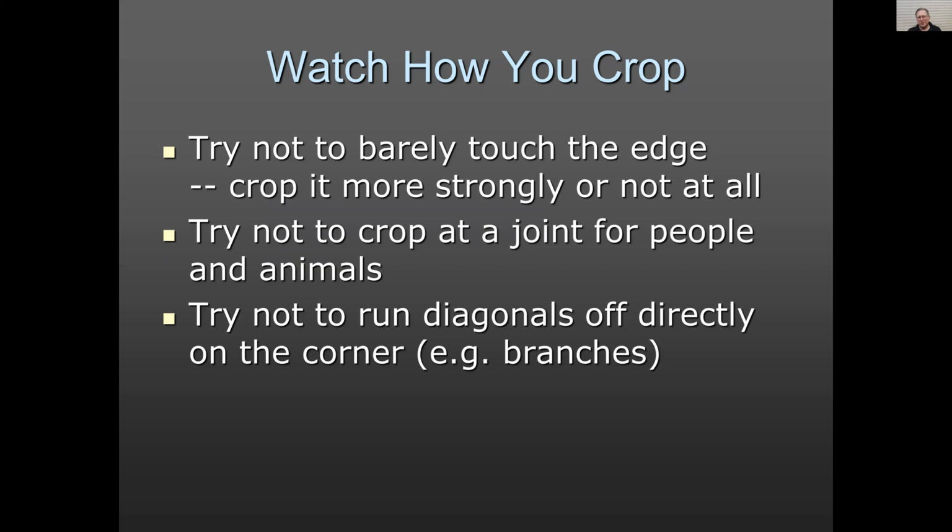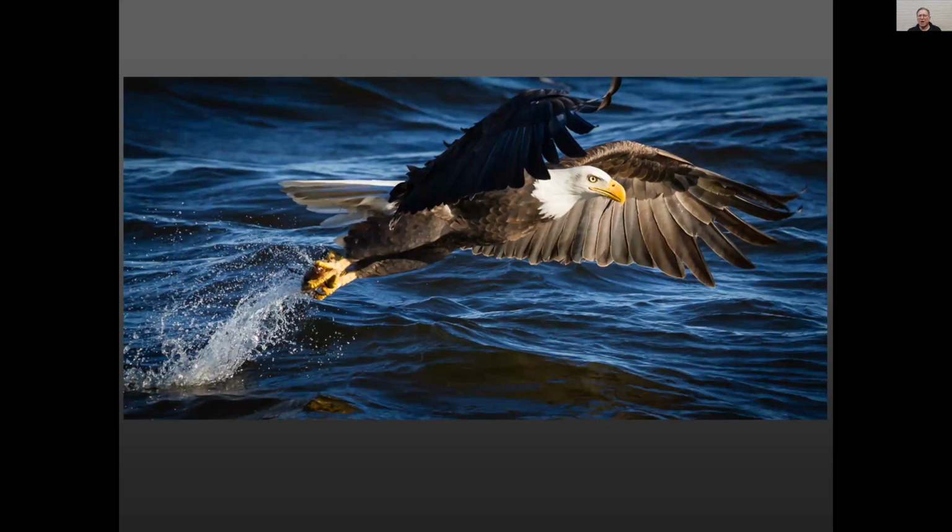But let's look at an example of these, particularly the first one. Here is what should be a really nice eagle picture at Lock and Dam 14. But if you notice, the top wing touches the frame, and I've had a lot of shots ruined that way.